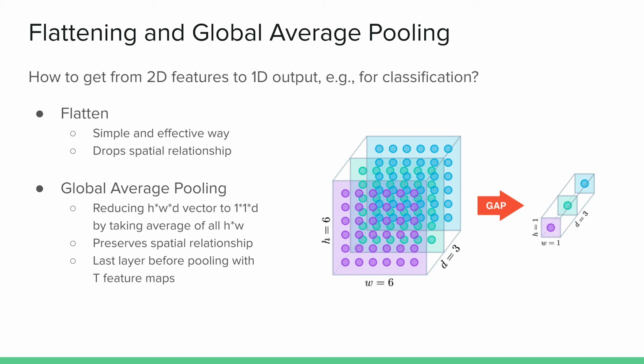And that way it preserves the spatial relationship, and it can be an alternative to this flattening and then creating the output. So what you do is you reduce this to a 1 by 1 by d, and then you already have your outputs, the number of outputs that you want to classify, for example, and you say, okay, now I cast this 1 by 1 by d into a 1 by d dimensional array.